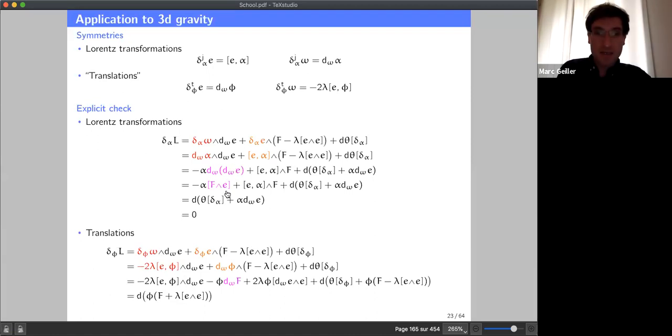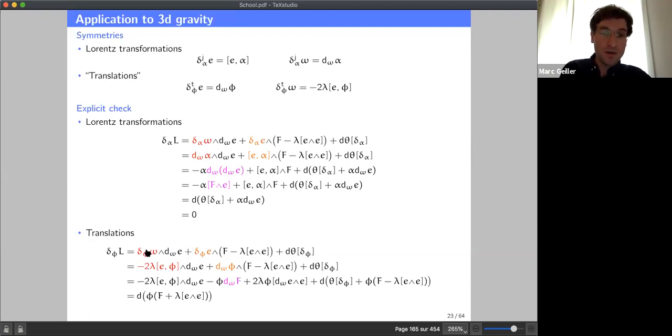Also notice in passing that by doing this, we checked on these two examples, Lorentz transformations and translations, Noether's second theorem. The second theorem, as we said yesterday, tells us that the piece of the variation of the Lagrangian which involves the equations of motion and the variation of the fields, when evaluated on a gauge transformation, is off-shell a boundary term.